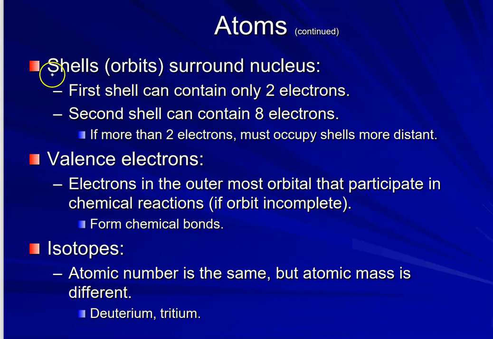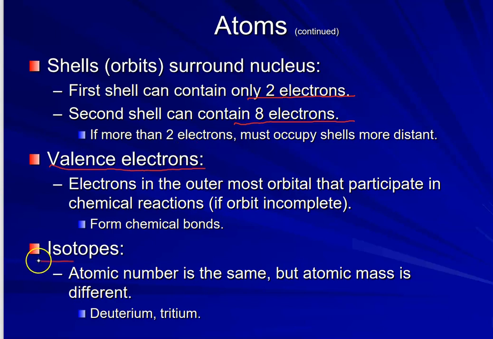These orbits or shells surround the nucleus. And here are the rules. The first shell can hold a maximum of 2 electrons. The second and third shells each can hold a maximum of 8 electrons. And only these valence electrons, these outer shell electrons, can participate in bonding. So valence electrons are the outer shell electrons.